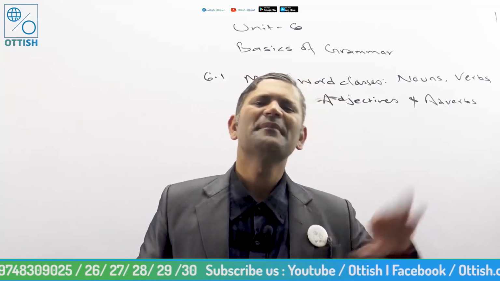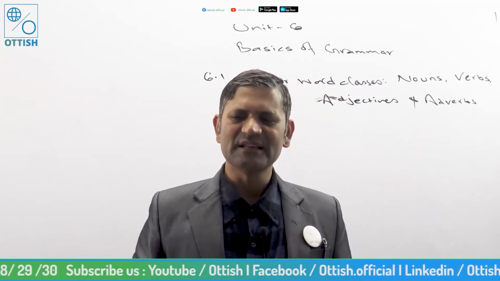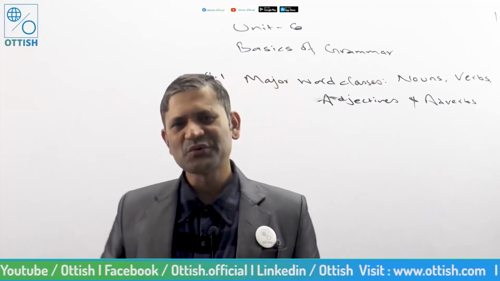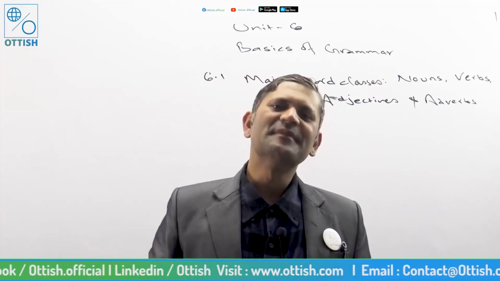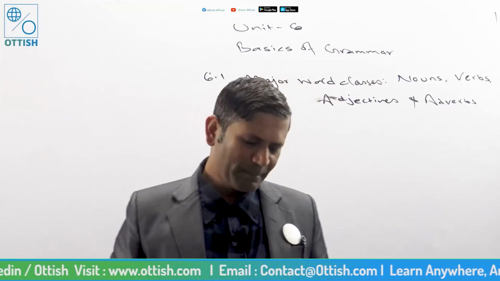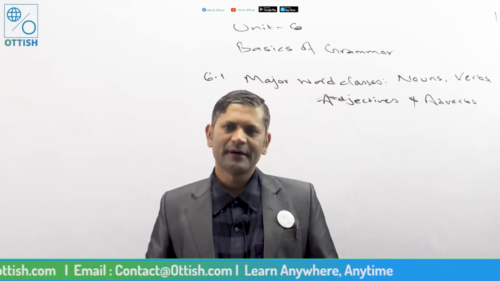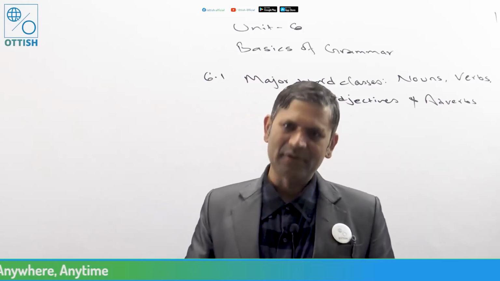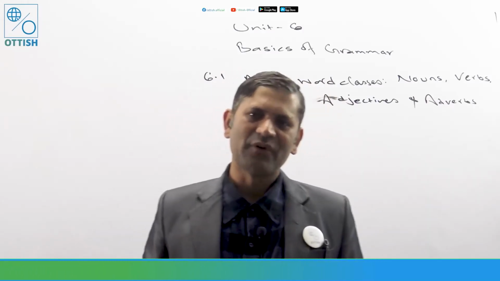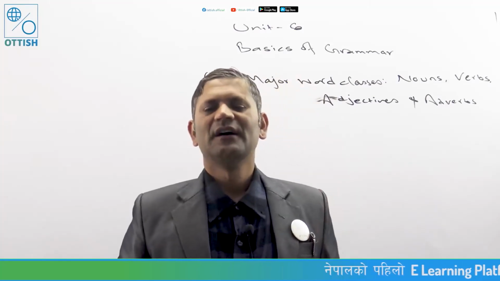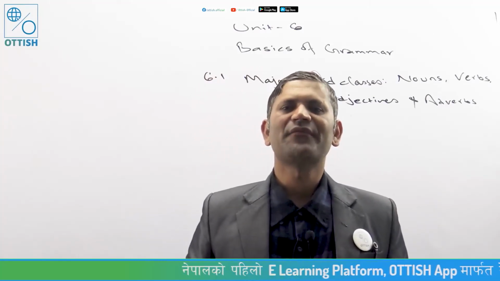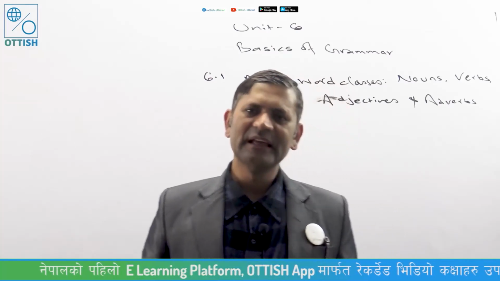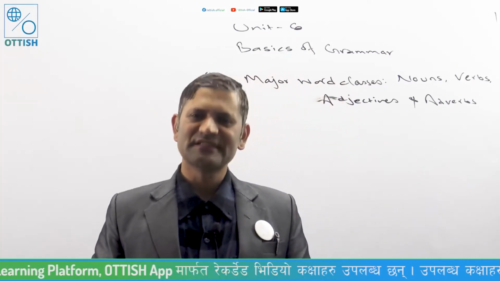Words can be of many different types. For example, we can say simple word, complex word, compound word from a structural point of view. From the nature of the word, changeable and unchangeable words. But here, from the perspective of functions of the word, they play major functions in the sentence.